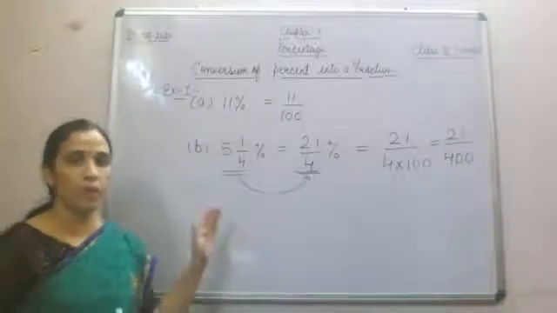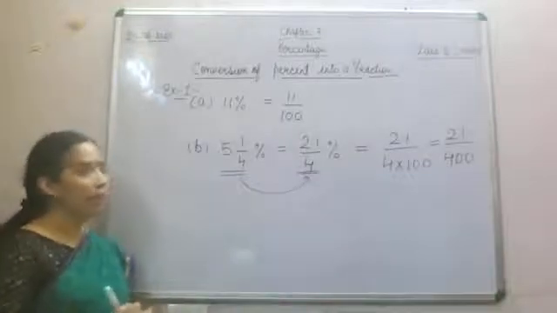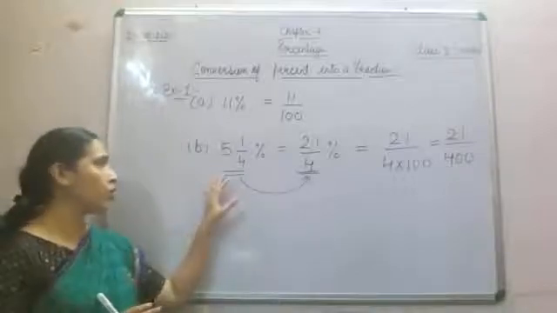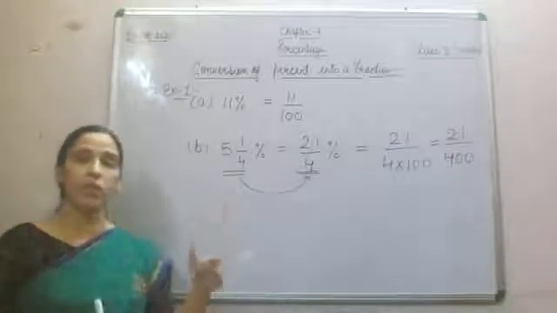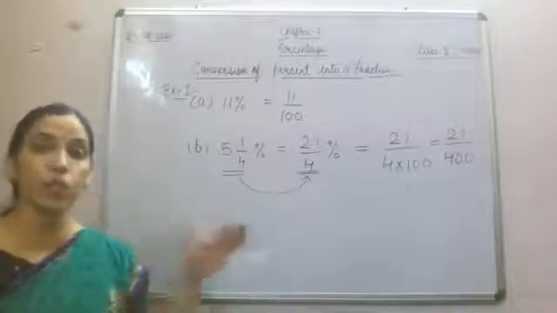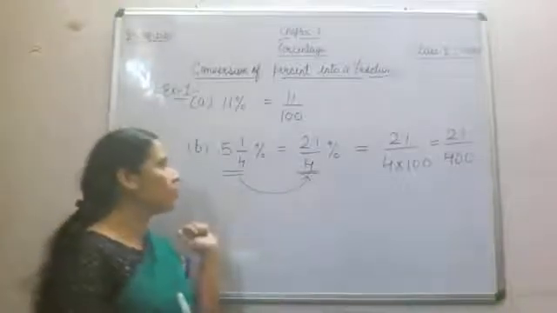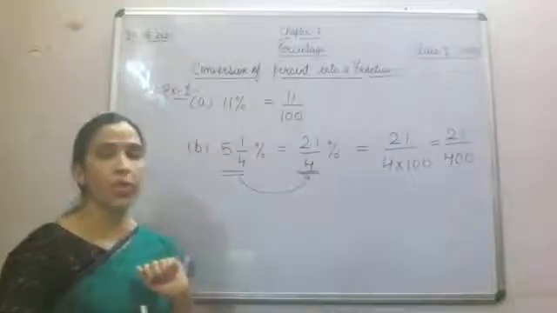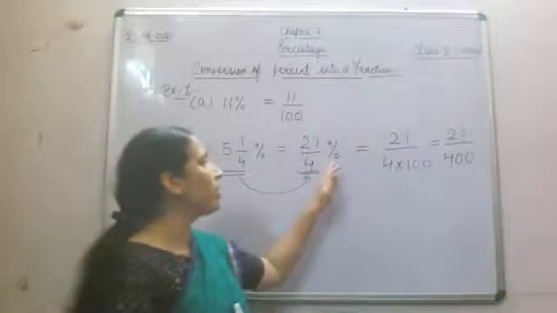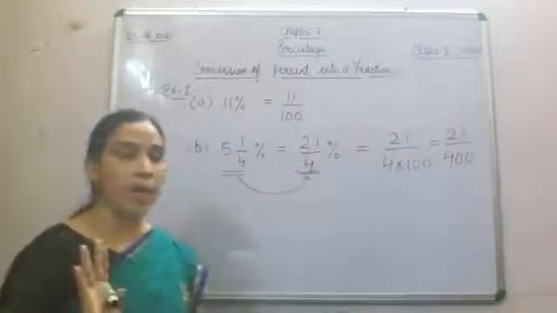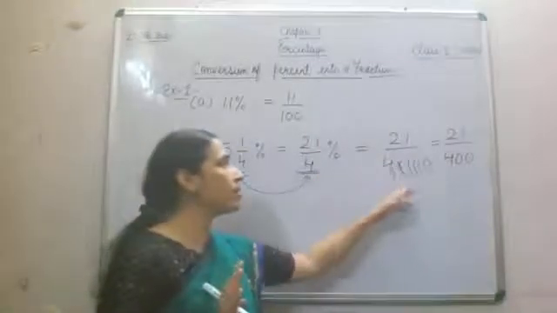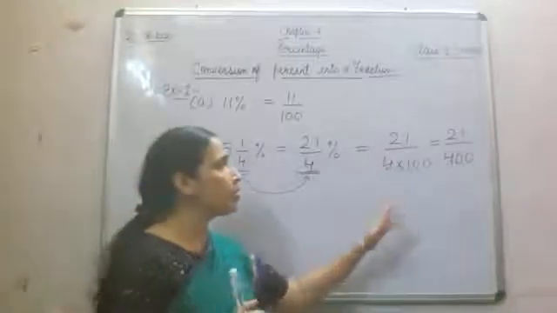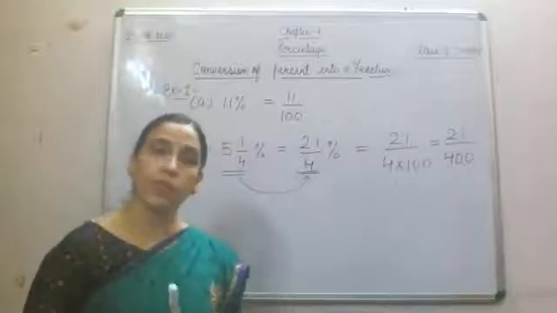So in B part, you have been given 5 1 by 4%, which is a mixed fraction, and in the fraction chapter we learned how to change a mixed fraction into an improper fraction. We multiplied and then added, and this becomes 21 by 4%. Now the percent symbol is removed and 100 is multiplied here, so this becomes 21 by 4 multiplied by 100, that is 21 by 400.